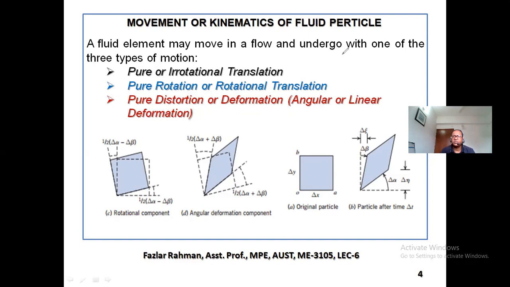What is the condition for angular deformation? You see, if there is an angular deformation, what does it mean? That means there will be a vortex. So mathematically, you can prove that there will be vortex and there will be no vortex. You can mathematically prove. Okay.